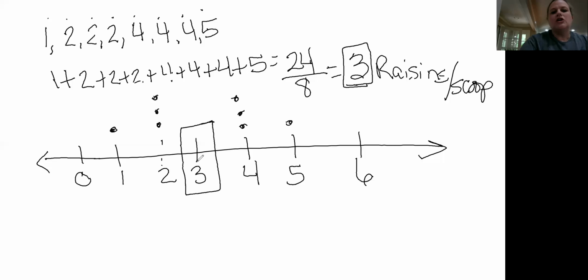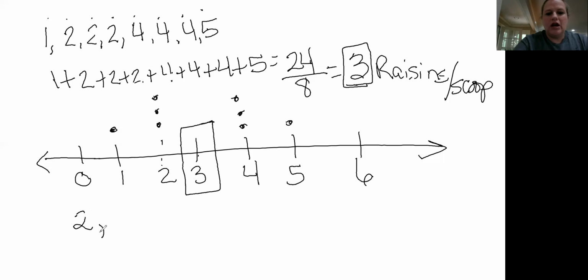So we need to find the distance from the mean, not the distance to 0 this time, but the distance to the mean from each of these numbers. So we have a 1, and that is 2 spaces away from the mean. So we're going to write that as 2.